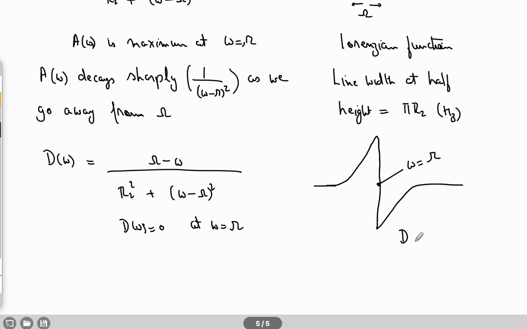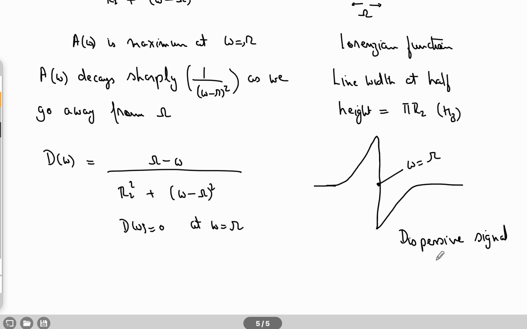So this is the dispersive signal, and the above one was the absorptive signal. In general, we are not interested in the dispersive signal because it has much larger line widths, and because of these larger line widths and the signal going to 0 at the offset, the analysis of the spectra becomes very difficult.